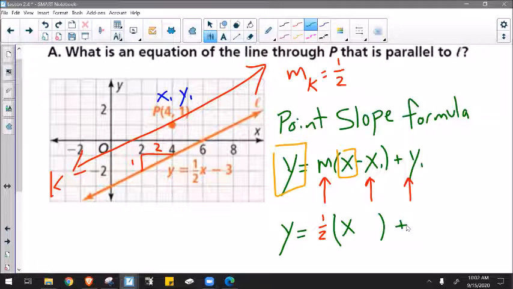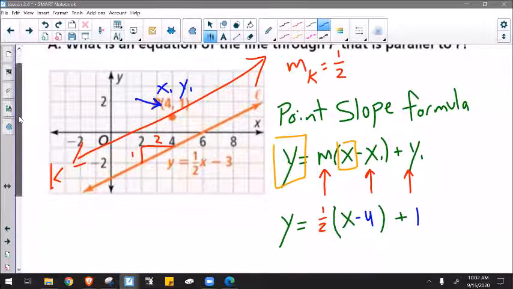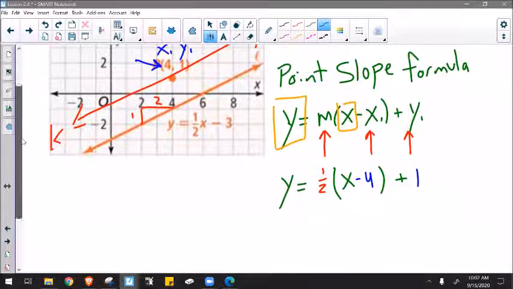So x1 ended up being -4, because we have a positive 4 here, plus y1 ends up being a 1. So that is the equation of line K that passes through point P that is parallel to line L.